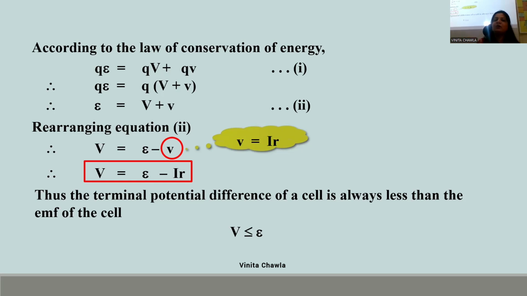So terminal potential difference is always less than or equal to E. When is terminal potential difference equal to E? When there is no internal resistance. If small r is 0, then V equals E. But if we have internal resistance, in that case, V is less than E. Okay, write this please.